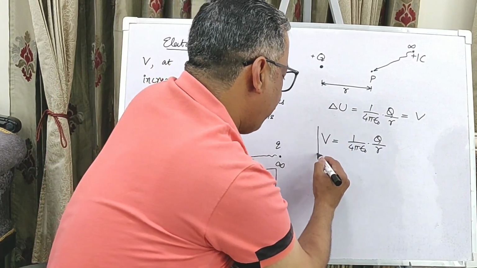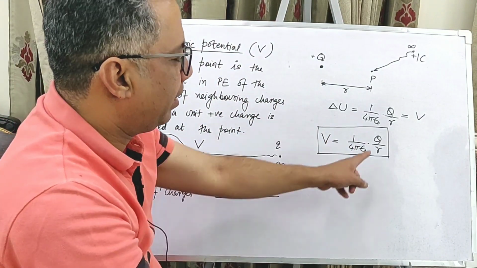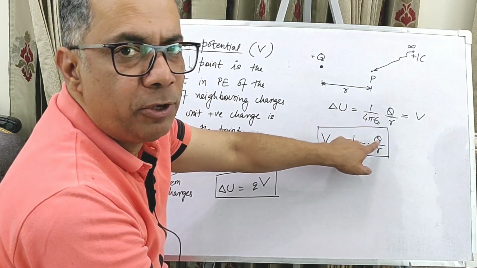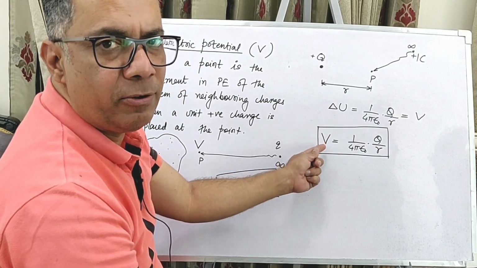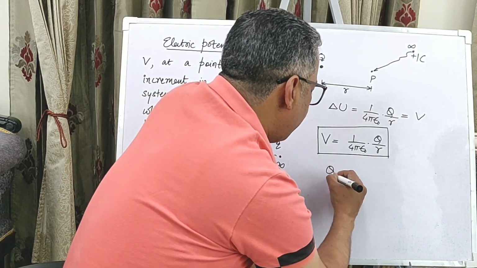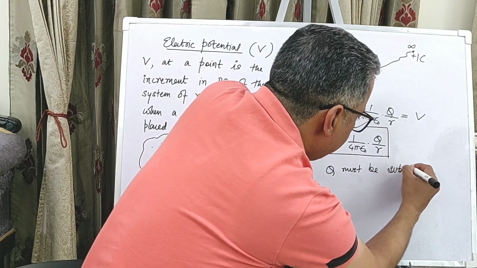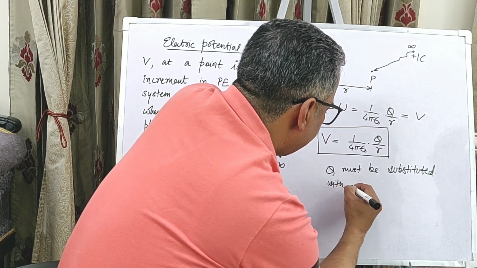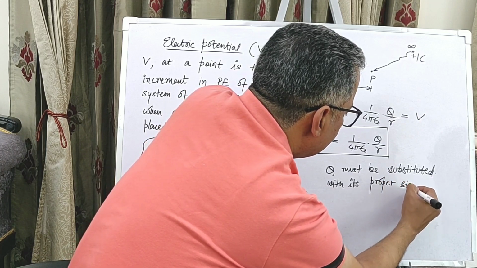So in this expression for potential, you need to substitute the value of Q along with its appropriate sign, and you get the value of V along with its appropriate sign. So Q must be substituted with its proper sign.